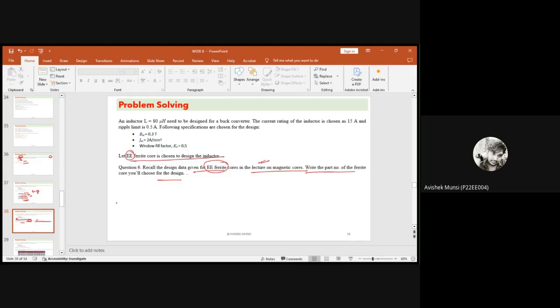If you have that data, kindly say. Check the EE core data and try to answer which part number of ferrite core we will choose. Try to check, do you have the data that was given in your lecture on magnetic core.